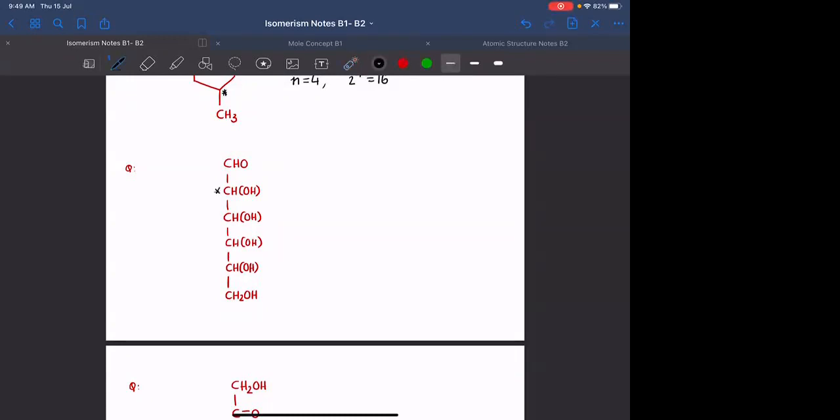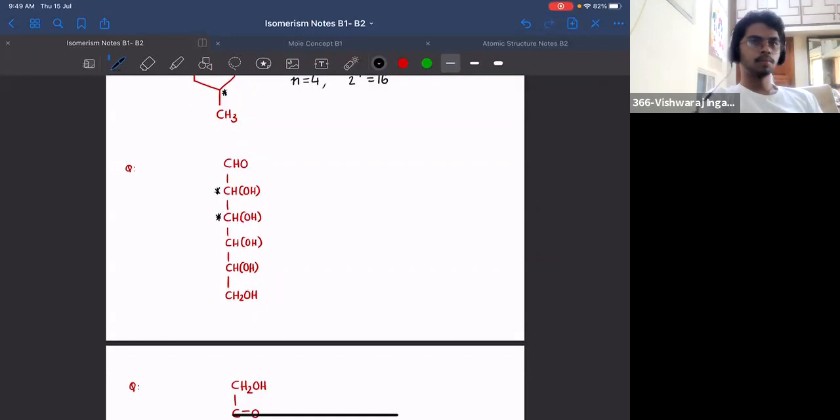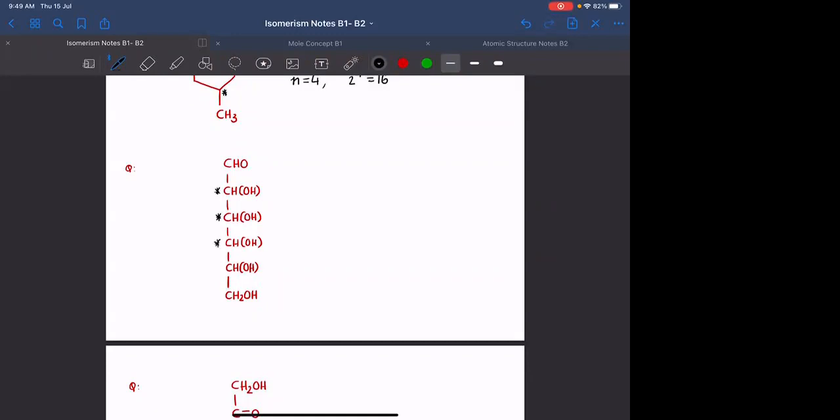This is a chiral carbon because it is attached to H, OH, CHO and the other part, the remaining part. This is also a chiral carbon. It is also attached to 4 different groups. Agreed? This also a chiral carbon. This is also a chiral carbon. Do you have any more chiral carbons in here?